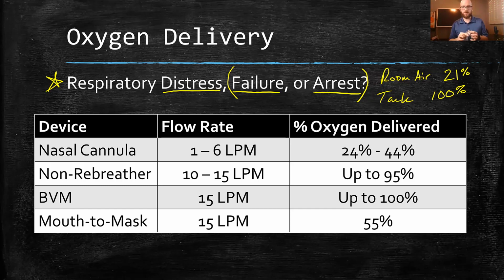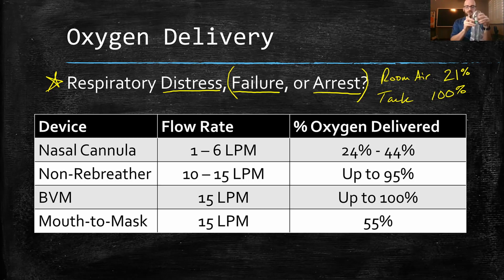More commonly in the registry world is moving over to your non-rebreather mask. Our flow rate from the oxygen tank on these is going to be 10 to 15 liters per minute. A lot of people will just say go straight to 15 liters, high flow oxygen. So we can say 1 to 6 liters per minute through the nasal cannula, 10 to 15 liters per minute through the non-rebreather.